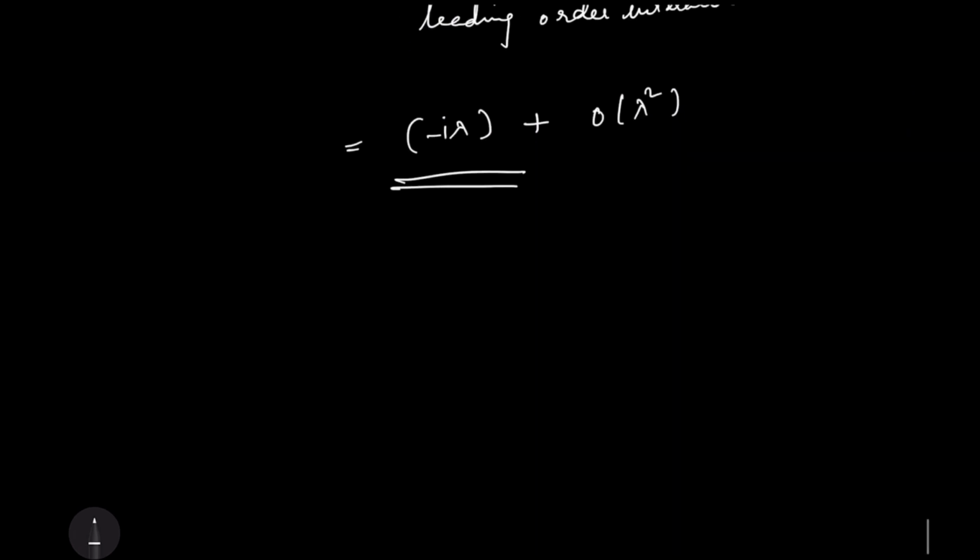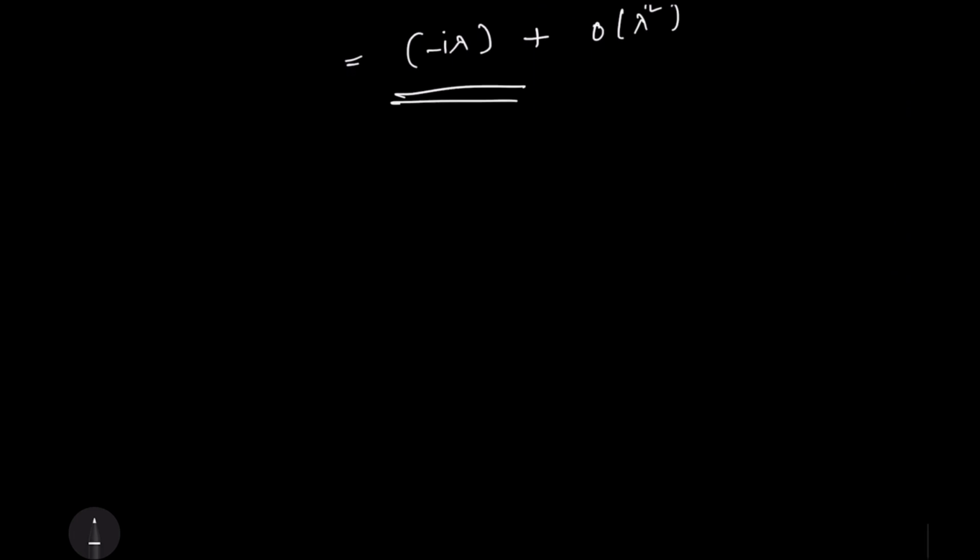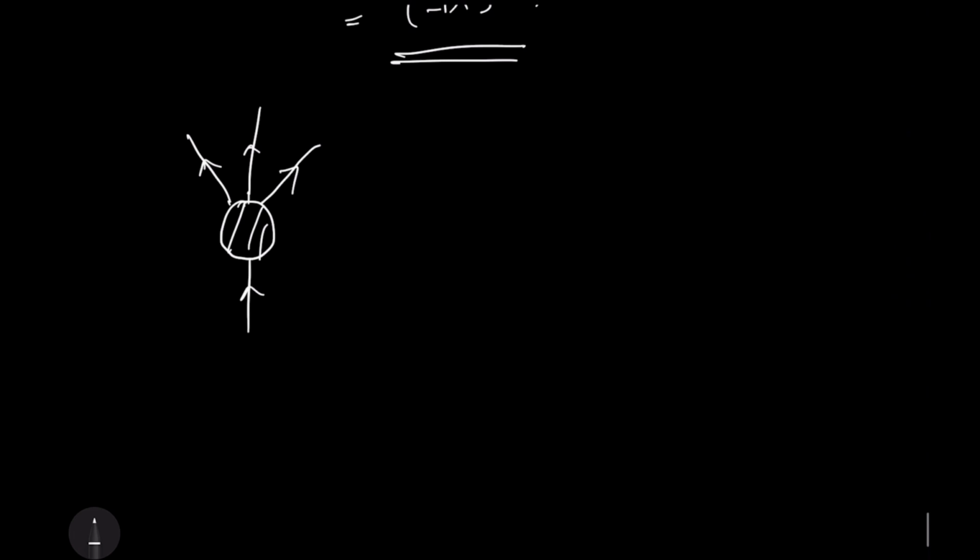Now the second example is something called the decay of a particle into 3 other particles. Okay, so you have a particle which decays into 3 particles. So minus p1, p2, p3 and p4. So similarly, you can write a 4-point function, right?